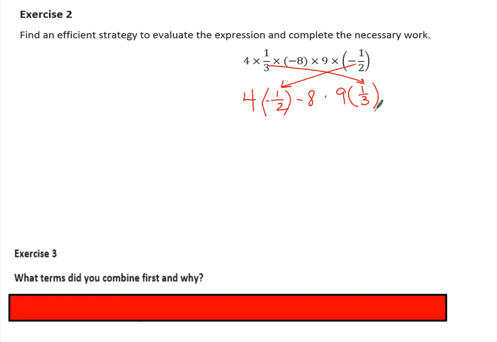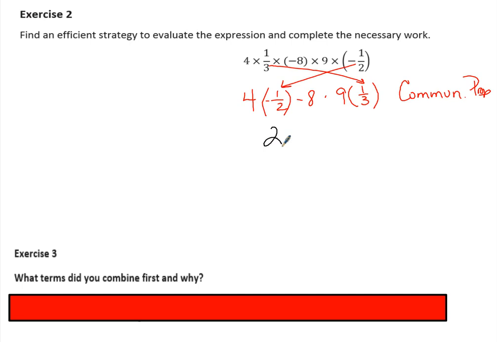And the reason I'm going to do that, commutative property, is because I see that 2 is a factor of 4 and 3 is a factor of 9, and therefore I'll be able to cross cancel things. So when I do this, I have half of 4. Well, what is half of 4? It's 2.